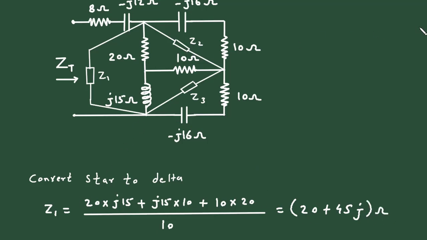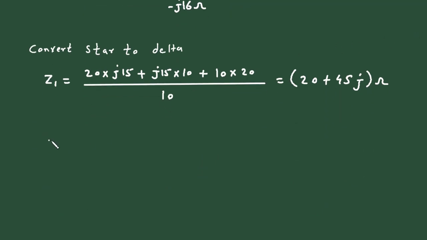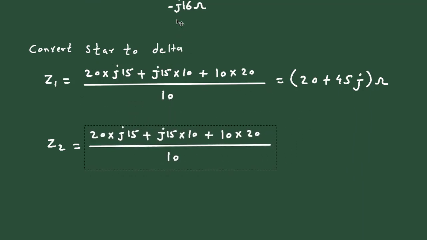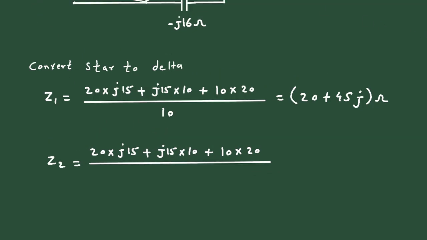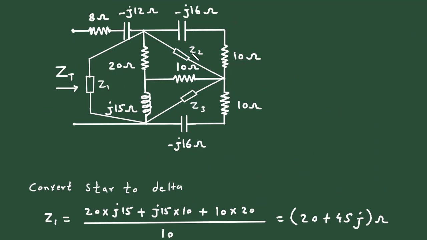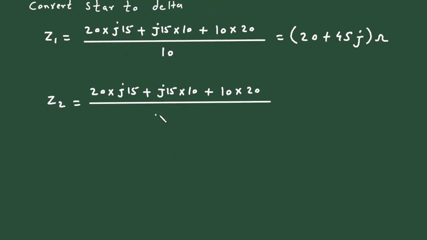Then next is Z2. So Z2 is equal to, the numerator part will remain the same. So let's copy it from here. Just we have to change the denominator. So for Z2, the denominator will be the opposite of this, that is J15.